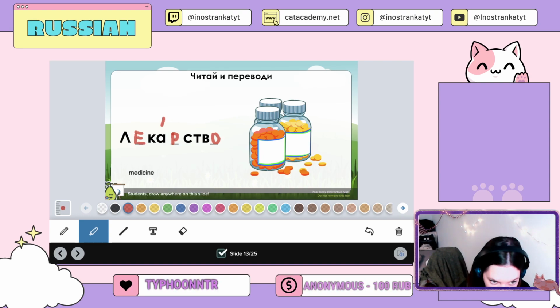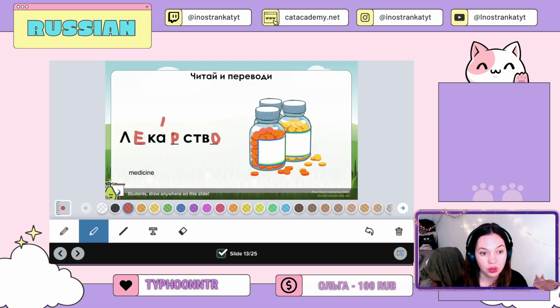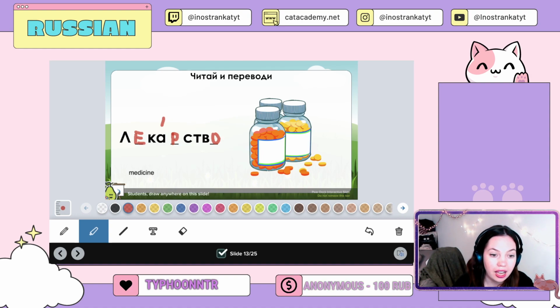In Russian language it will be completely fine. Мне нужно принять лекарства. So if it's only one pill or one mixture, you can use singular form. But if you need to take more than one, you can say it as plural. Лекарство.